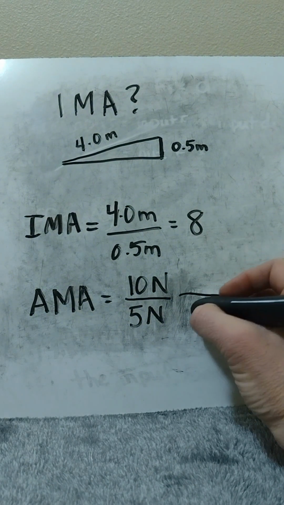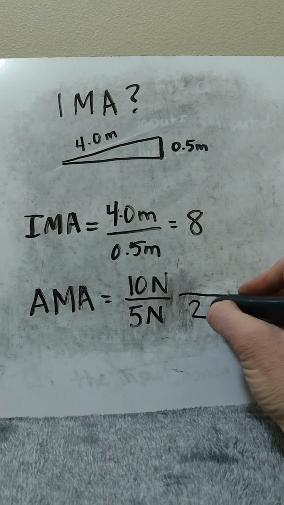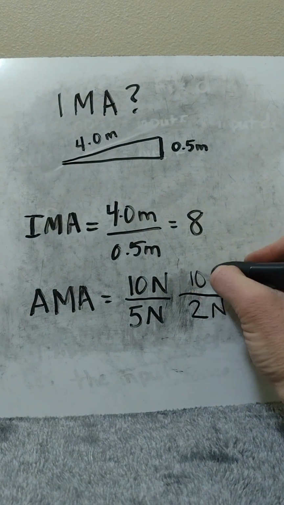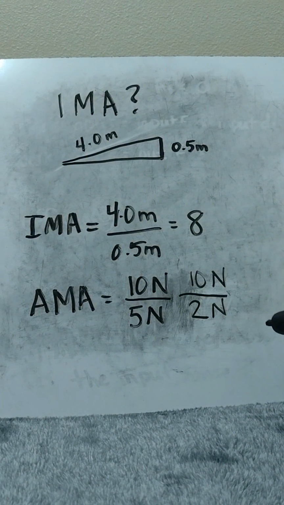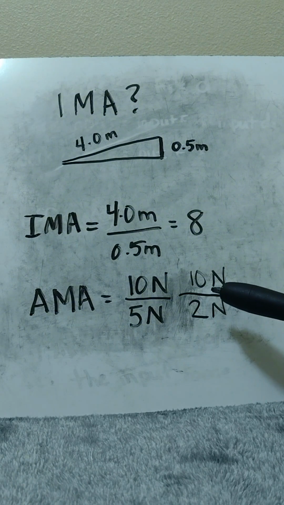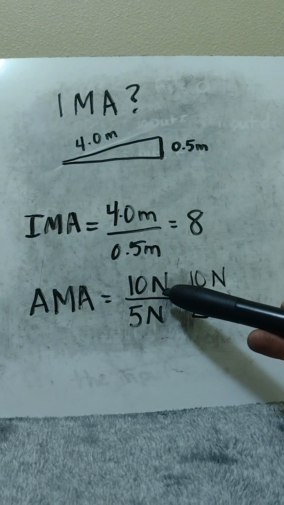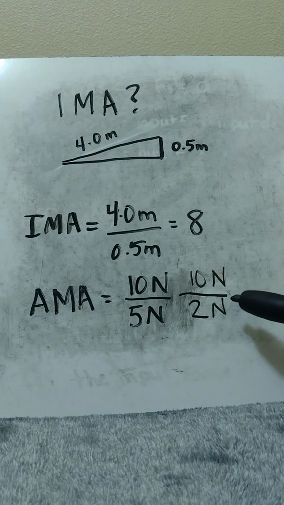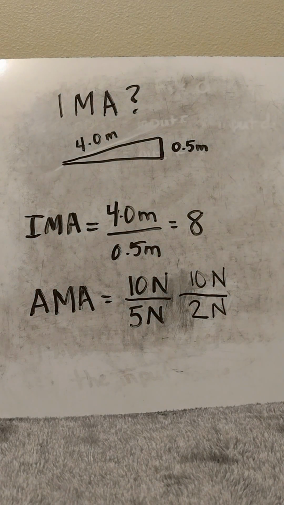So let's say that it lessened to 2 newtons, and the output force is still the same. We just reduced the input force because we reduced the friction. So it went from an actual mechanical advantage of 2 to an actual mechanical advantage of 5. So it's actually increasing. The actual mechanical advantage would increase if we reduce friction by coating that surface with something that makes it smoother.